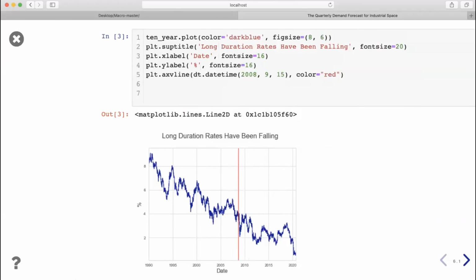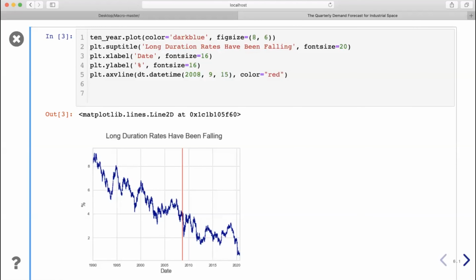So let's talk about the current economic cycle. Long duration rates, arguably the opportunity cost of capital in commercial real estate, have been falling for a very long time. This is the 10-year US Treasury going back to 1990. You can see in this chart, in 1990, the 10-year US Treasury stood at over 8%. It is now hovering in and around 70 basis points.